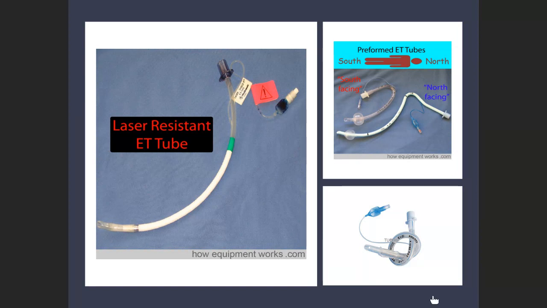So the principle you need to know: south and north facing tubes are the ones you're gonna commonly come across, and there are special tubes used for special occasions.